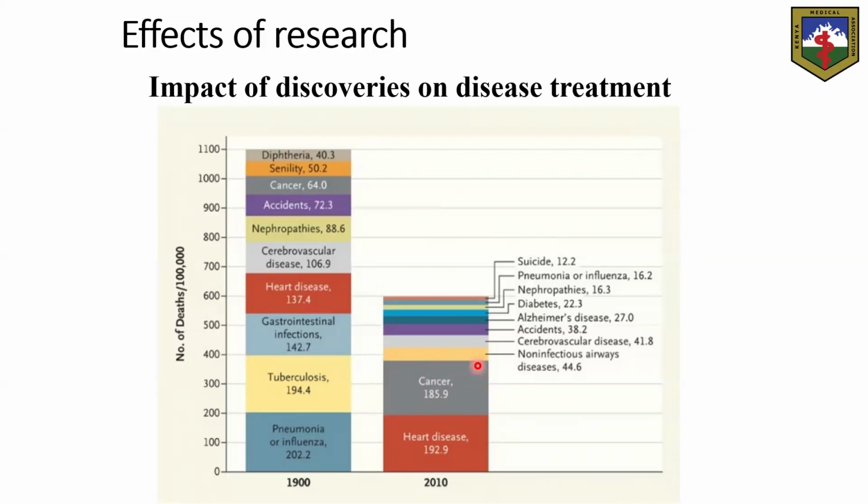We don't have too many antibiotics. And antibiotic resistance is also now a big problem for us. So if we don't continue doing research, we are likely to start seeing an increase in whatever we've already worked on and reduced. So that's just a graph showing the impact over almost a century of what research has done.